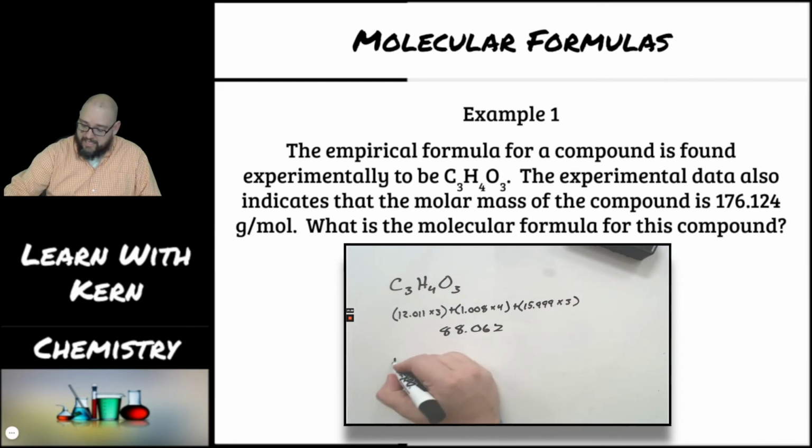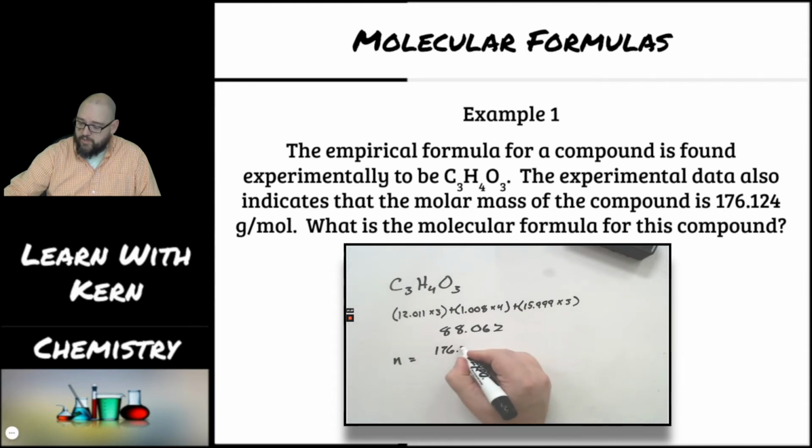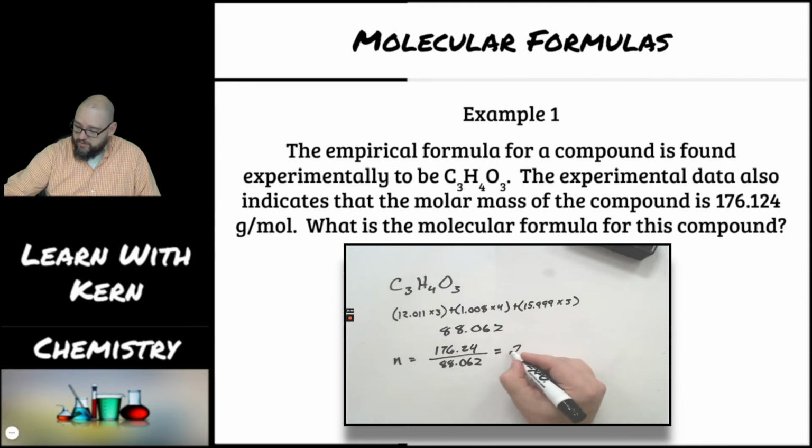So to find n, I'm going to take the actual mass, which is given to me in the problem, 176.24, my actual mass divided by the empirical formula's mass, 88.062. So I do 176.24 divided by 88.062, and I get an answer of 2. So that means my n is 2.